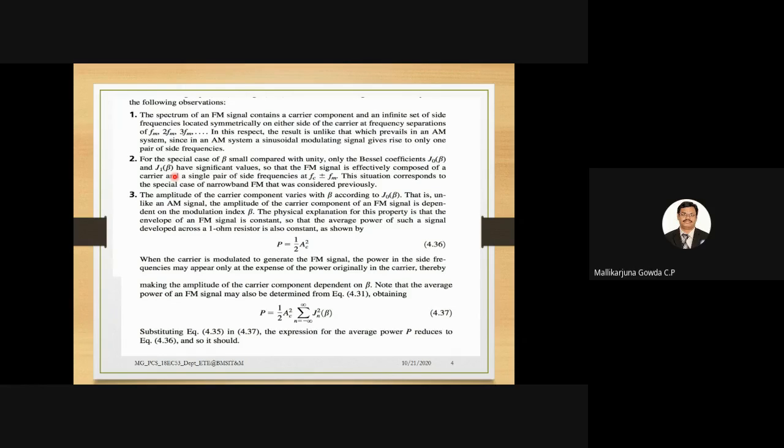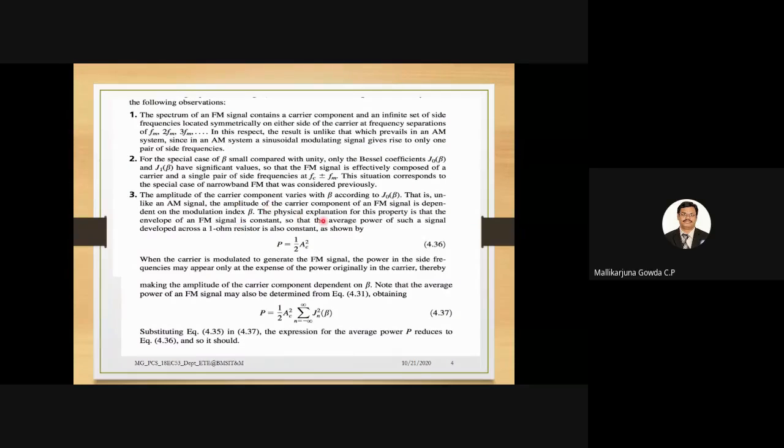So with that, we will have only one pair of side frequencies, that is at FC plus or minus FM. I just discussed that. Next, the amplitude of the carrier component varies with the value of beta according to J naught of beta. Yes or no? Because I showed that curve of how J naught of beta varies, right?